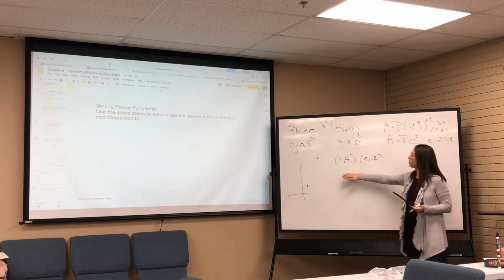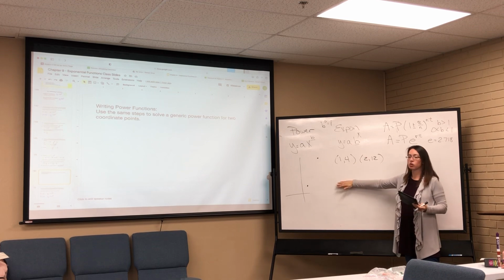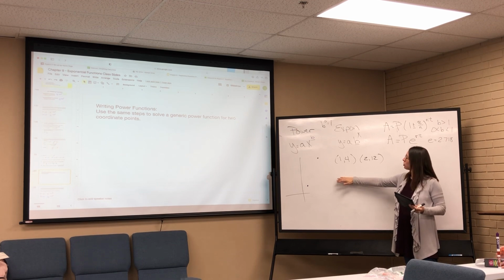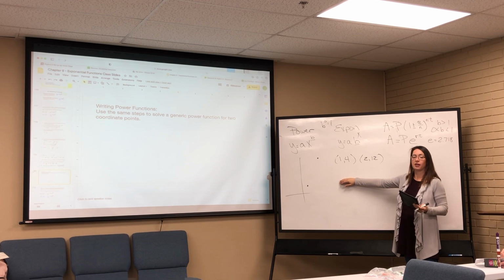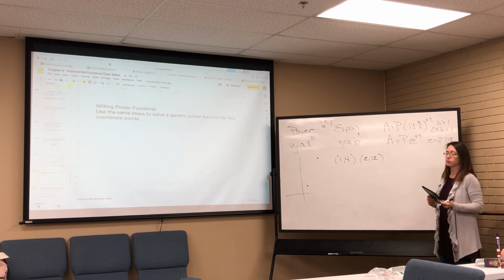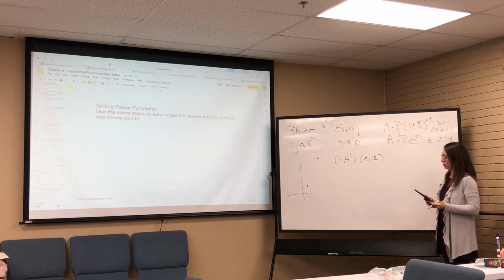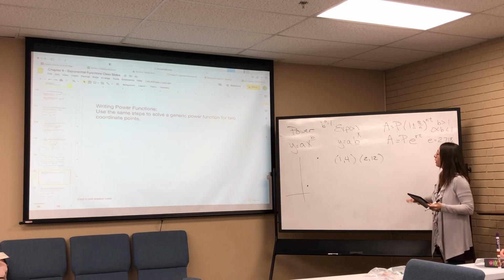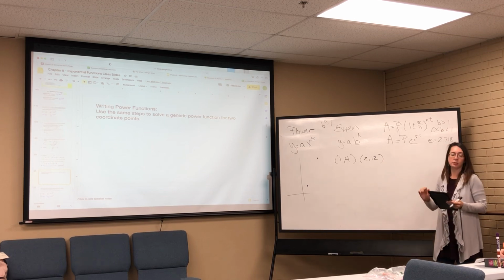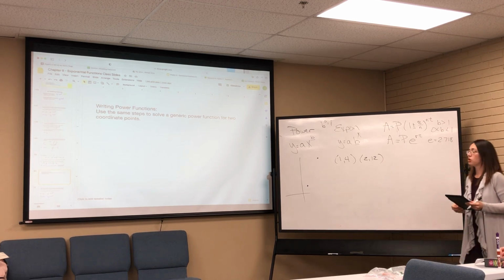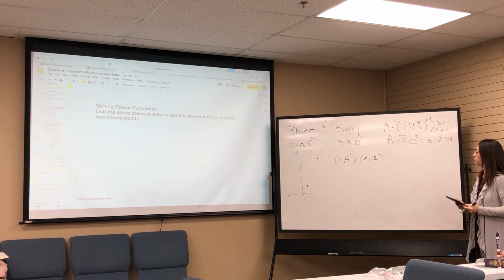I'd like for you to write out the 2 basic equations on your boards or in your notes, either way. You can use your notes on the test or your homework. So write out the 2 equations that we would have initially, and then we'll work those through. I'm telling you in advance, it is an exponential function.